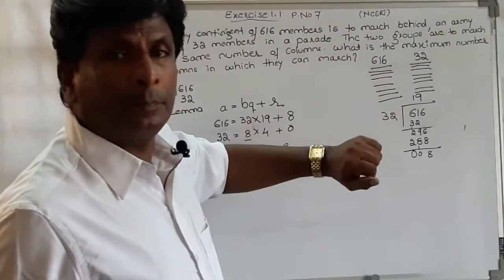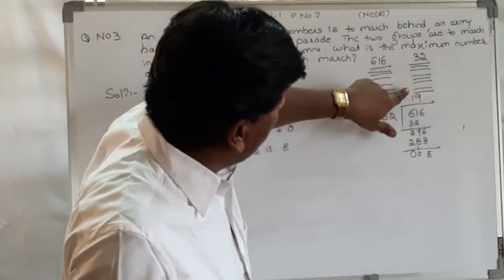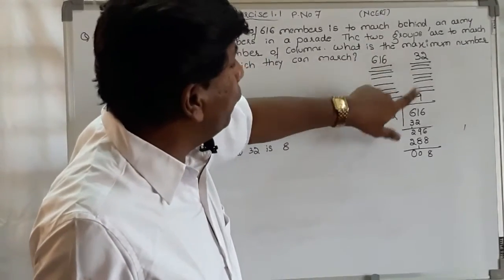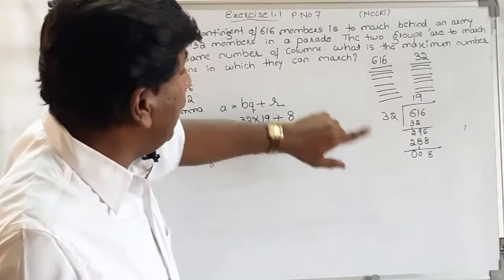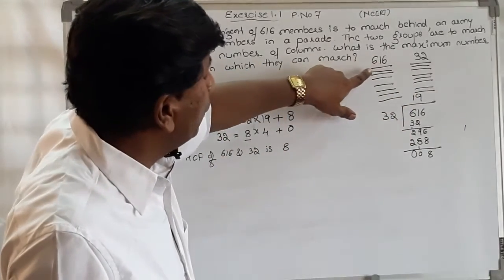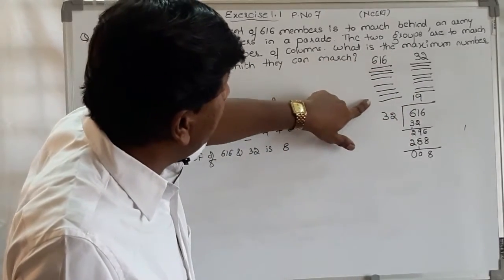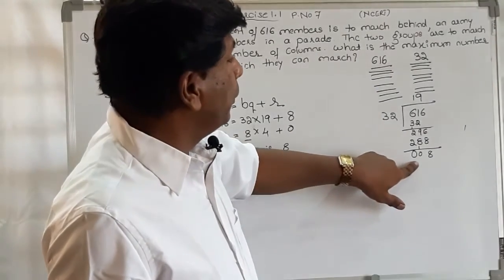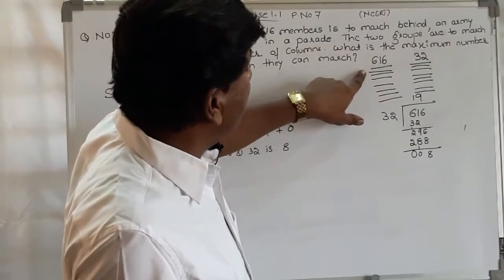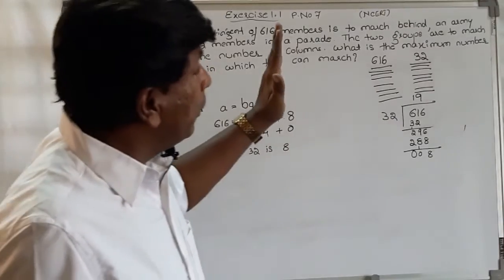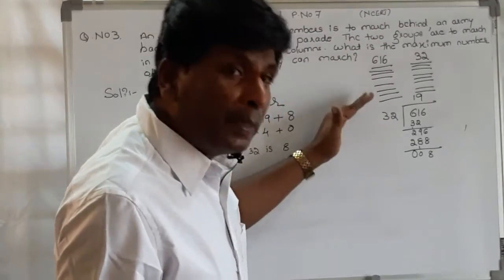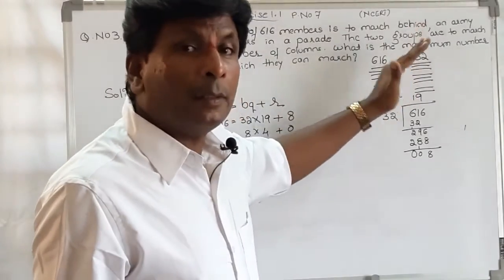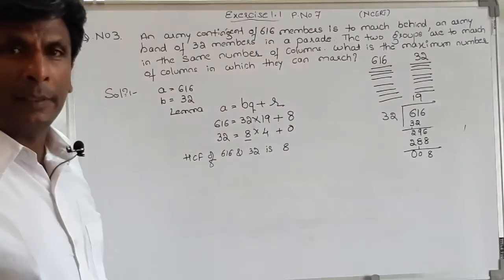In every column of the band there are 4 members, because 8 into 4 is 32. The same way, 616 is divided into 8 columns. So the number of columns is equal, the members are different, but we need equal columns here.